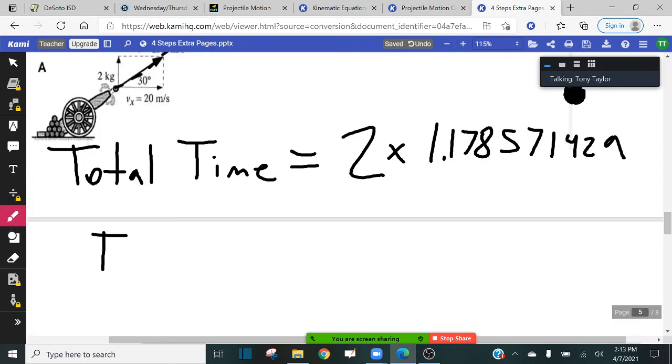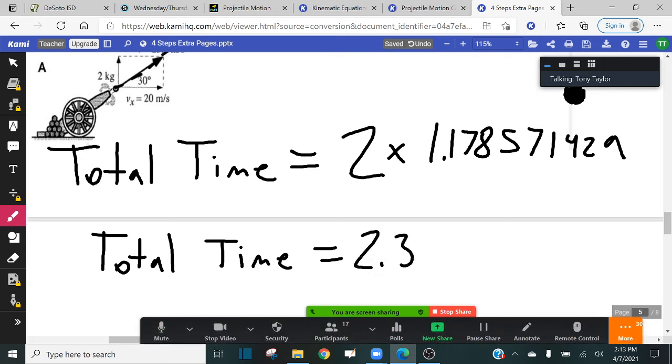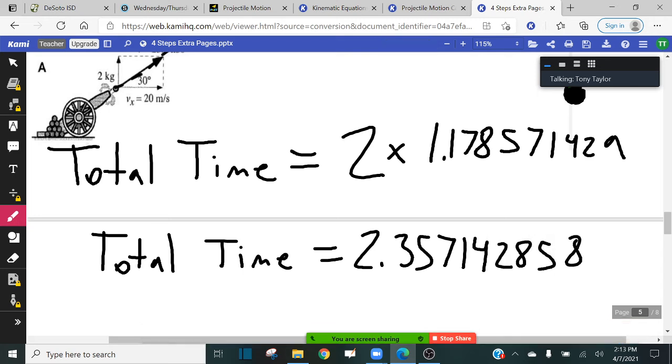So for my total time, and again, I want to get an exact value, because I'm going to rank everything at the end. But again, if you want to round, you can. So for my total time, I got 2.357142858. Yes, thank you, Angelina.